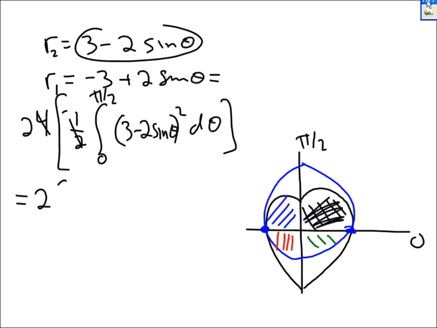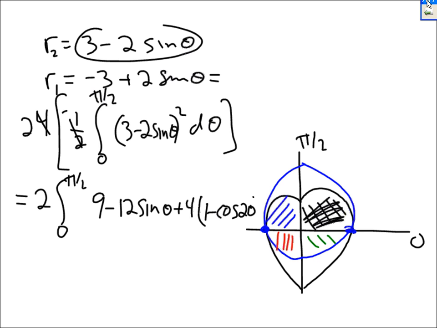So I get 2 times the integral from 0 to pi over 2 of 9 minus 12 sine theta plus 4 sine squared theta. The sine squared theta is (1 minus cosine 2 theta) over 2. And 4 over 2 is just 2.